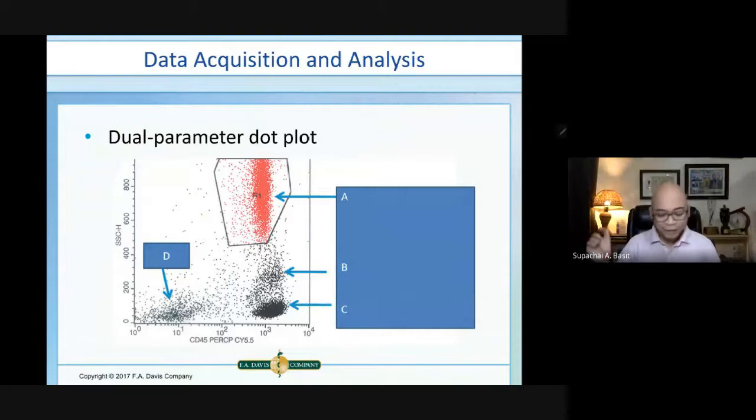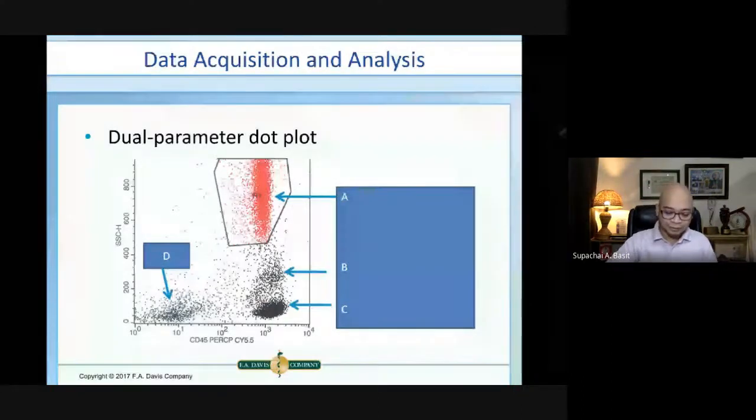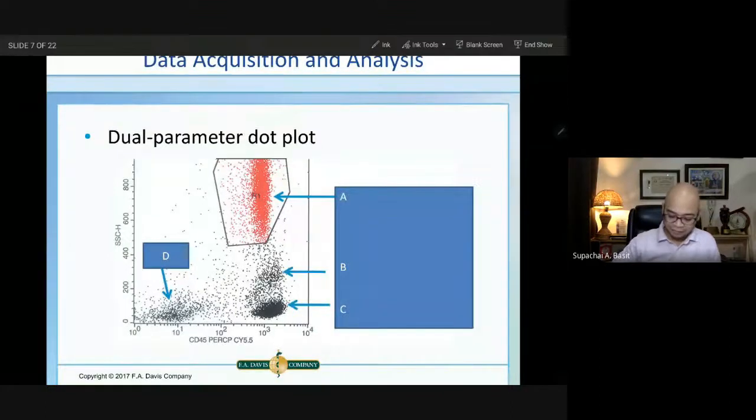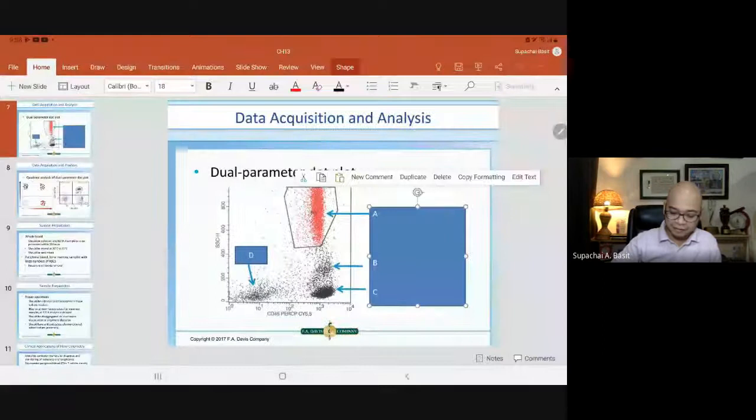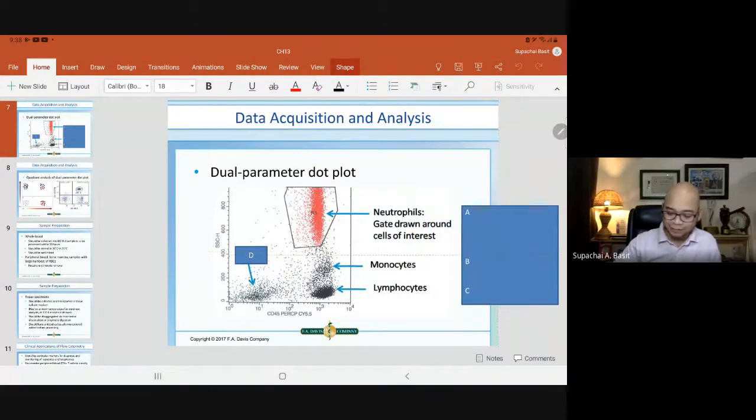Now we have here a dual parameter histogram. This is an example of a dual parameter histogram.